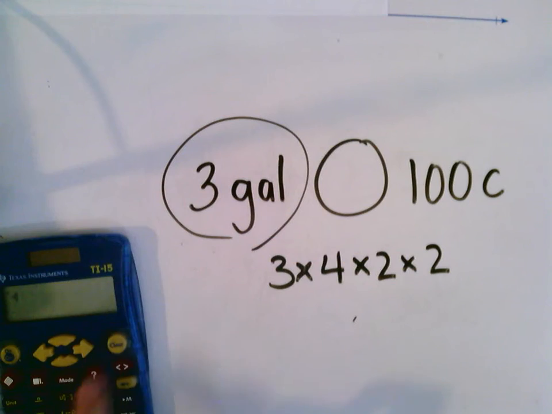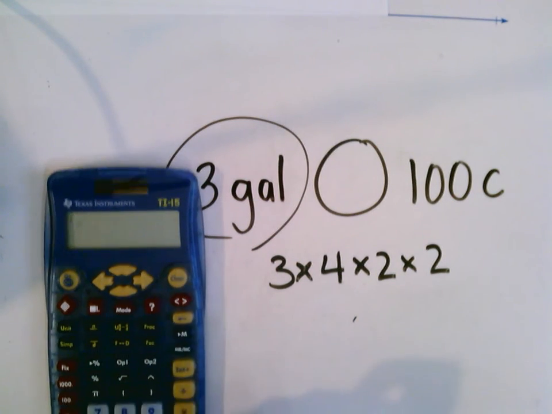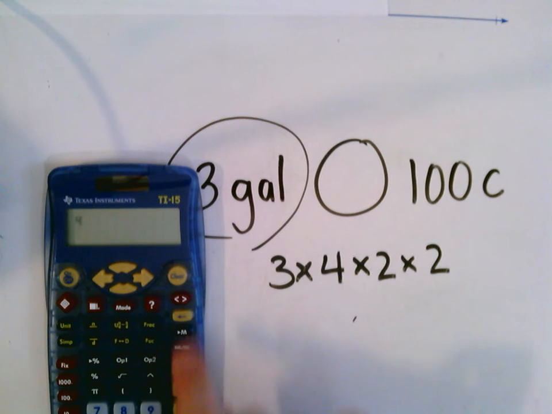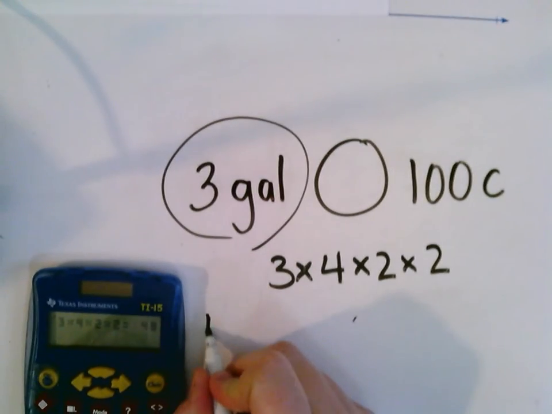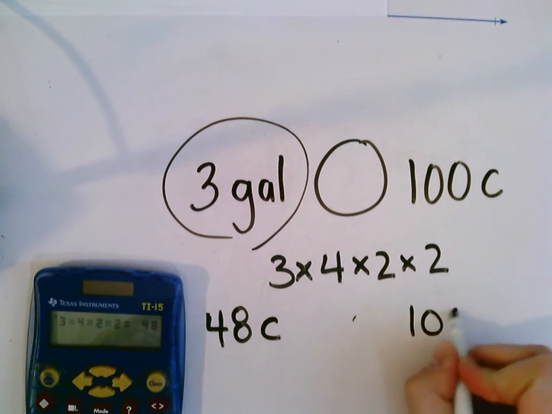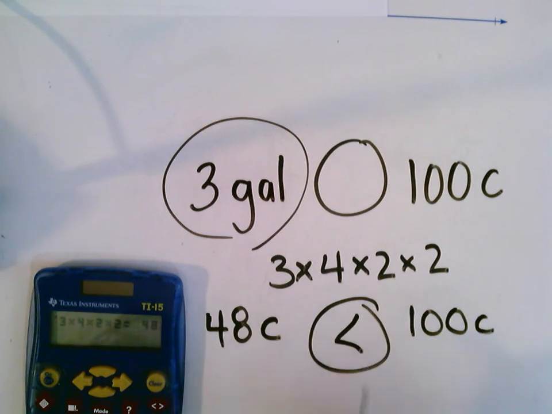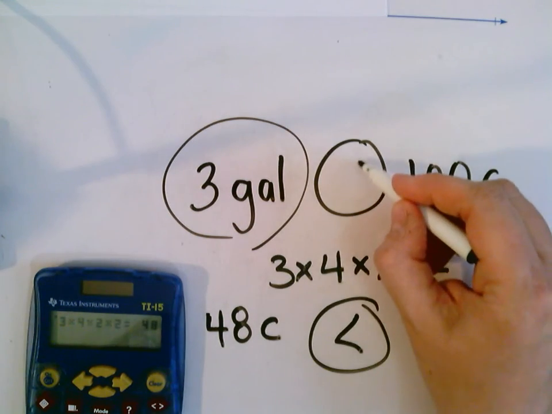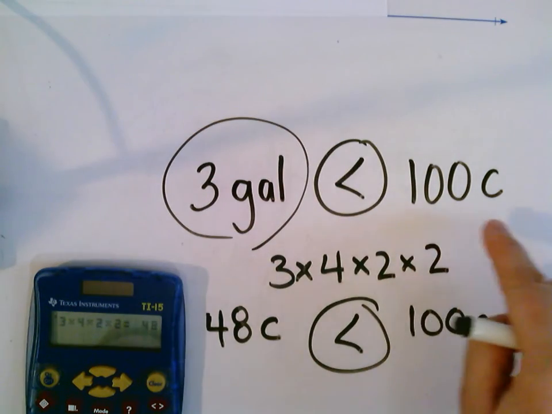Again, you can use your calculator, but if you can do it in your head, awesome, because this is one you could probably do mentally. That gives me 48 cups over here and 100 cups over here. So 100 cups is greater than 48 cups, so I'm going to use my less than sign. 3 gallons is less than 100 cups.